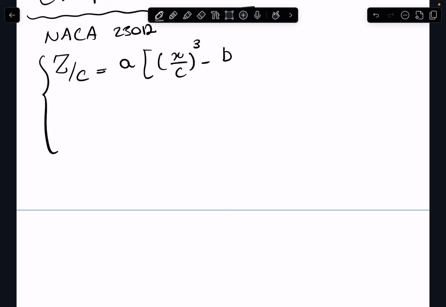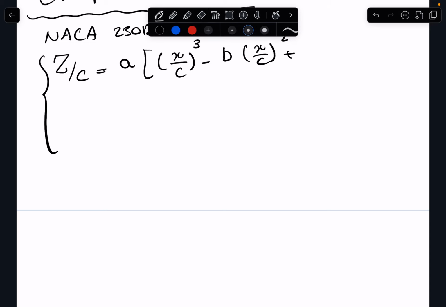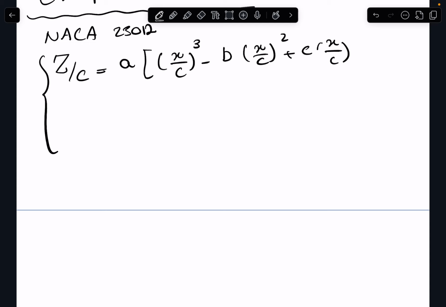I'm just going to use b for it, x over c squared, plus 0.1147 x over c. I'm going to use another letter for this, letter c, x over c.